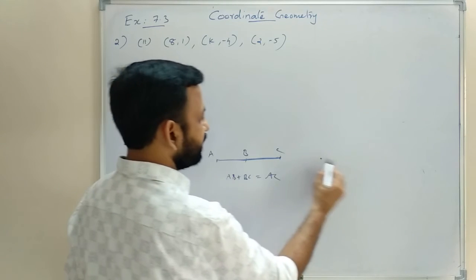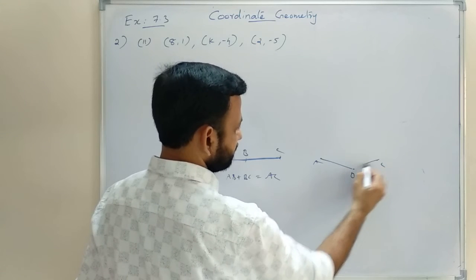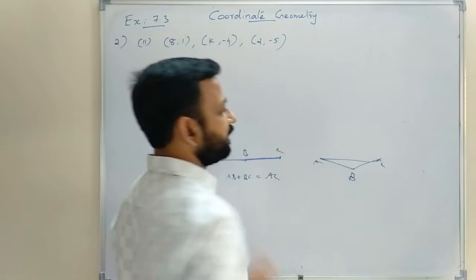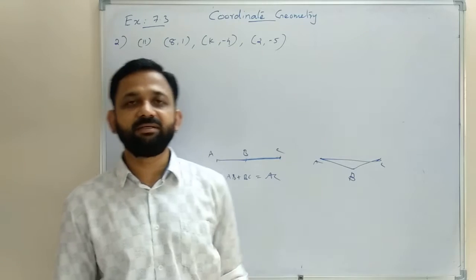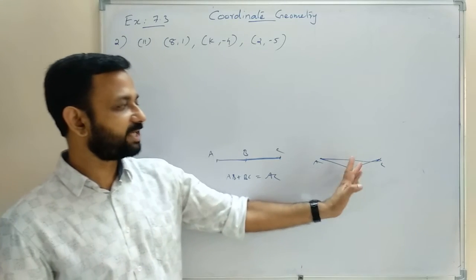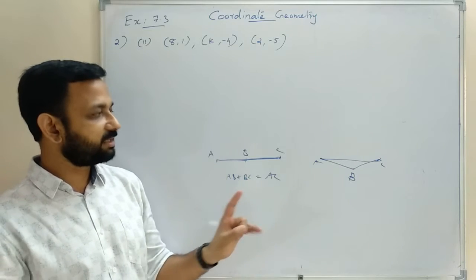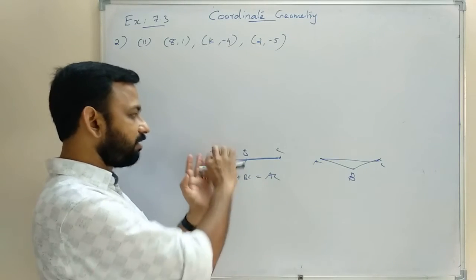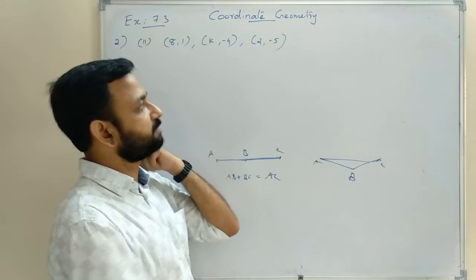If they are non-collinear points, AB plus BC is always greater than AC, because if they are non-collinear points, they form a triangle. Then the sum of any two sides of a triangle is greater than the third side. So if they are collinear, there is no triangle, so AB plus BC equals AC, or sum of any two sides equals the third side by using distance formula.